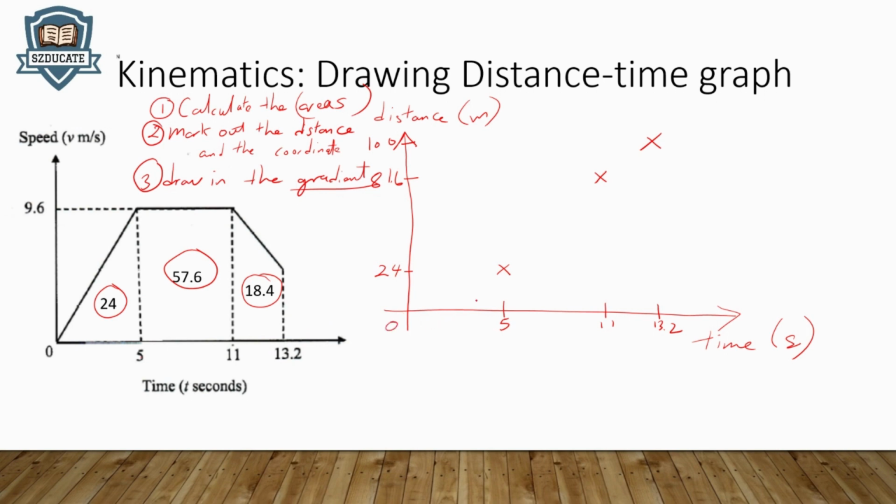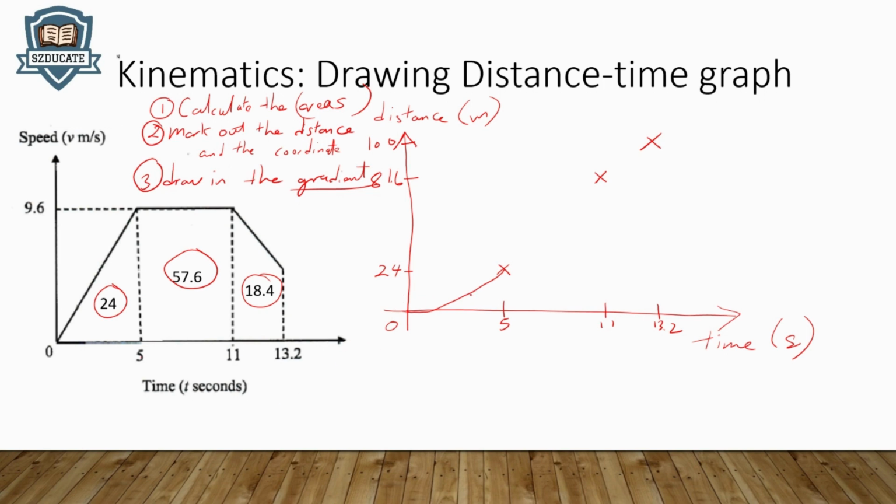From 0 to 5, how is the speed changing? It's increasing. That means the gradient at 0 must be almost horizontal, and then it must come up to 9.6 here. That means it must be steepest.